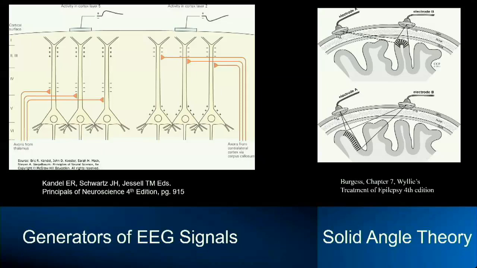When you have enough brain tissue activated, somewhere between 6 to 10 centimeters of cortex, it can be seen by the scalp electrode. Okay, so it's the postsynaptic potentials, either excitatory or inhibitory, and these generators create what we call a dipole.